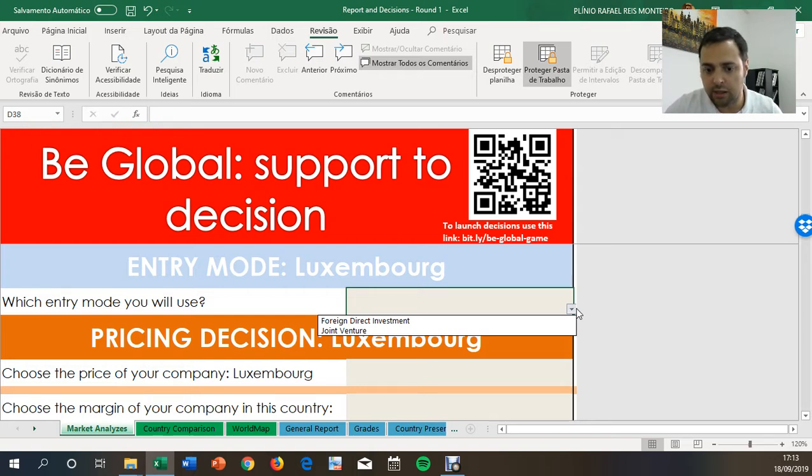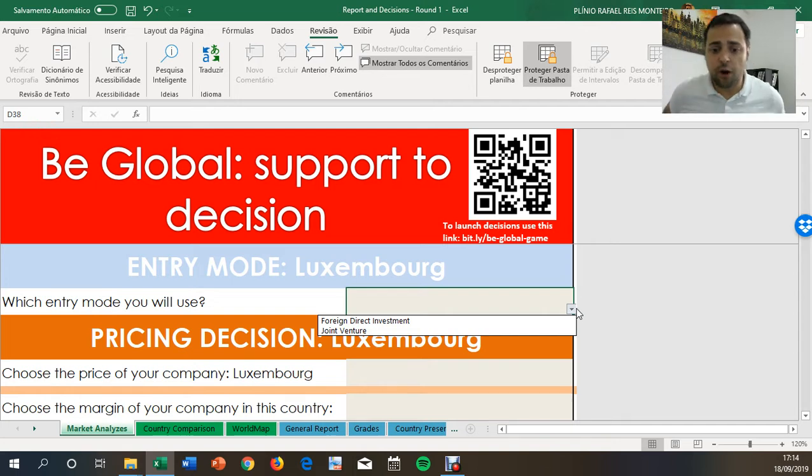Remember that in foreign direct investment, you will need to invest 100% of this new venture using your own money. But if you choose the joint venture, this means that you're going to split the costs.